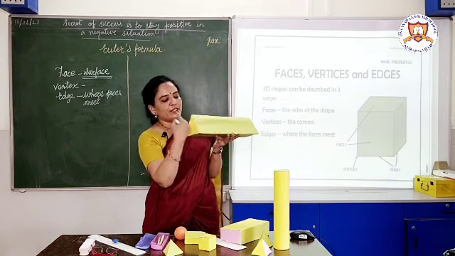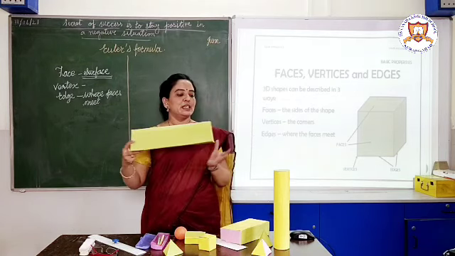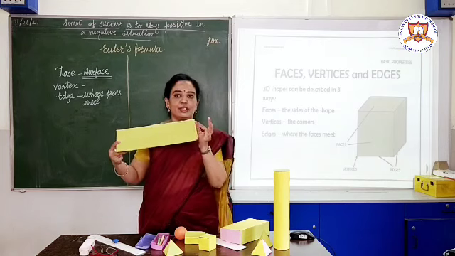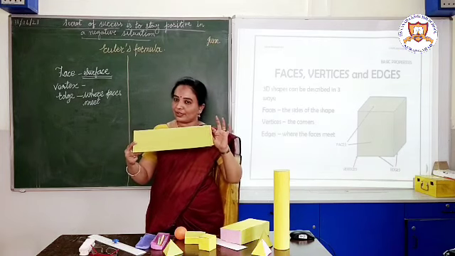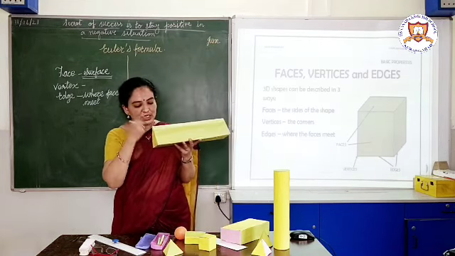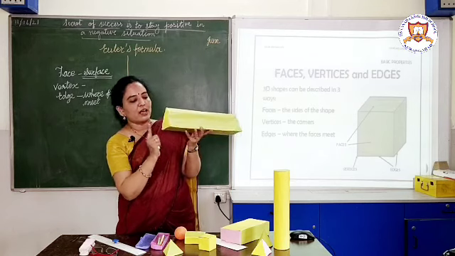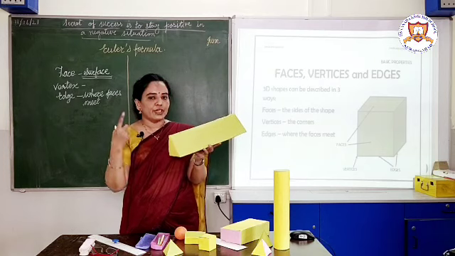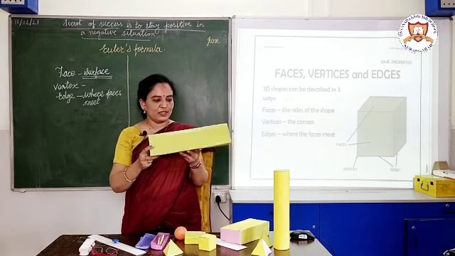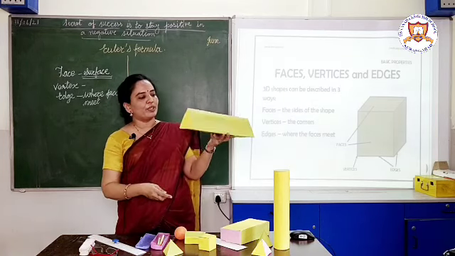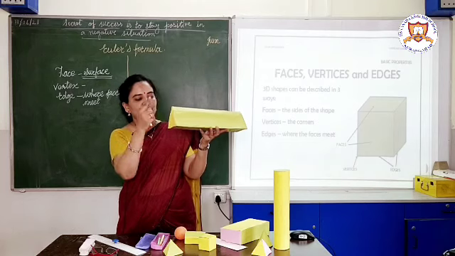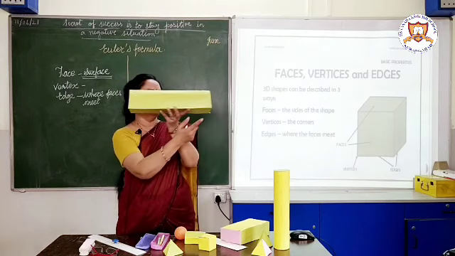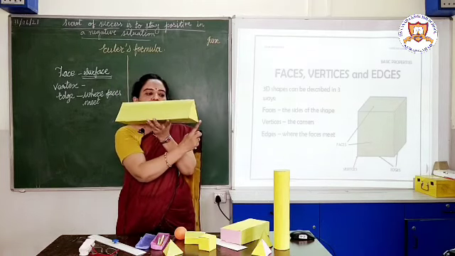Here is one corner, here is one corner, here is one corner. Same way, here is one corner, here is one corner, here is one corner. So these are the vertices. Plural of vertex is vertices. So this pyramid has how many vertices? 1, 2, 3, 4, 5, 6.